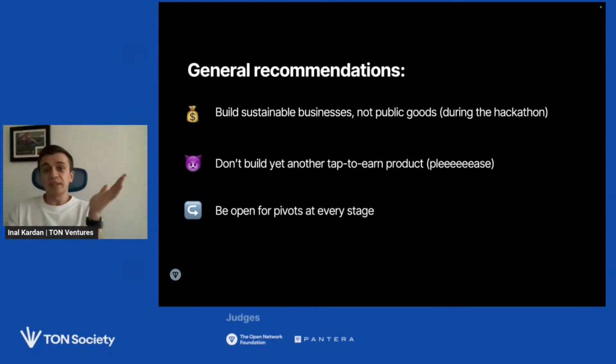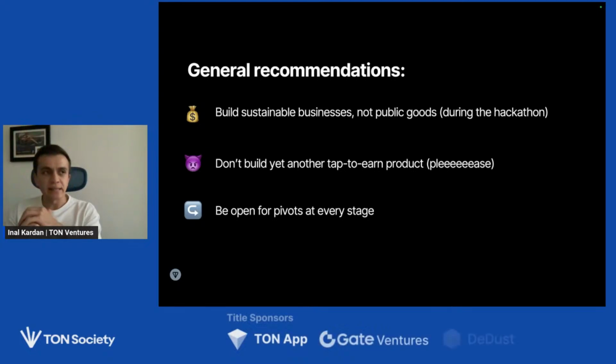Yeah, general recommendations I want to start with, because we talk to so many teams from the Ton Ventures side, probably at least 20 teams per week. And we have a good understanding of what teams should do and should not do to be attractive for developers. And first, what I want to say is build sustainable businesses, not public goods.